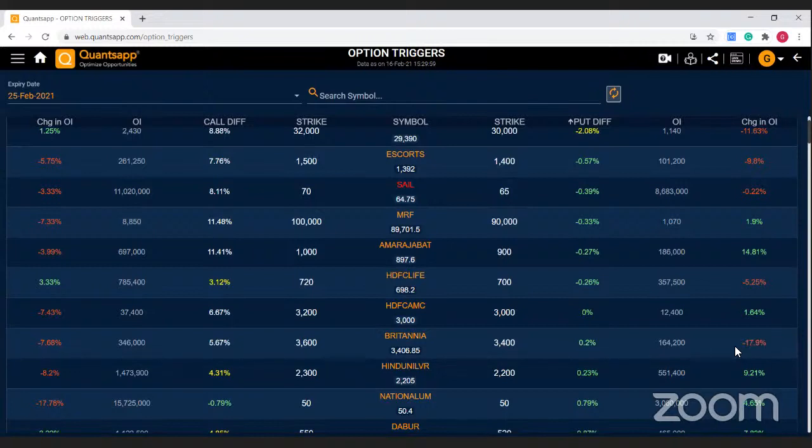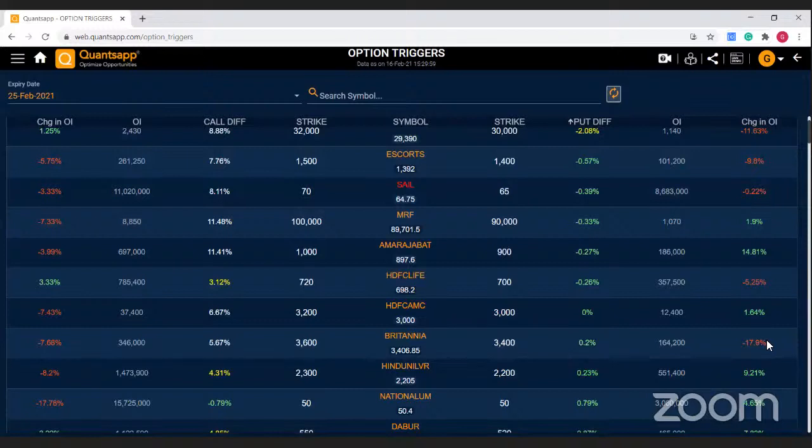Which means the support which has been created at this level started to shrink, as the put writers are thinking the prices can go further down. That's why they are unwinding their positions. So you should always keep in mind this is an educational demonstration.